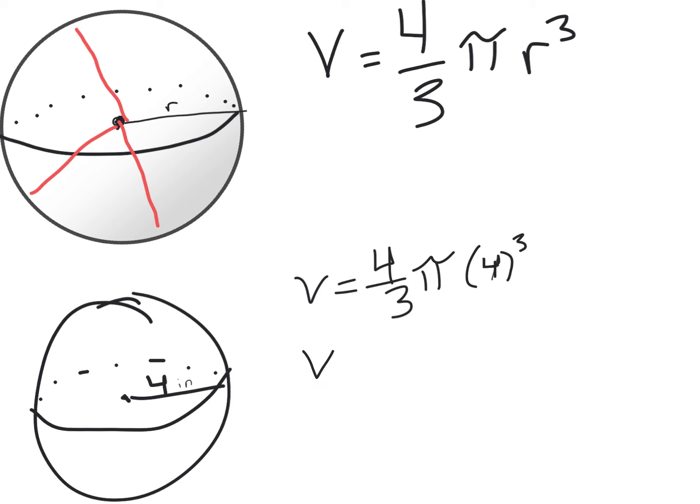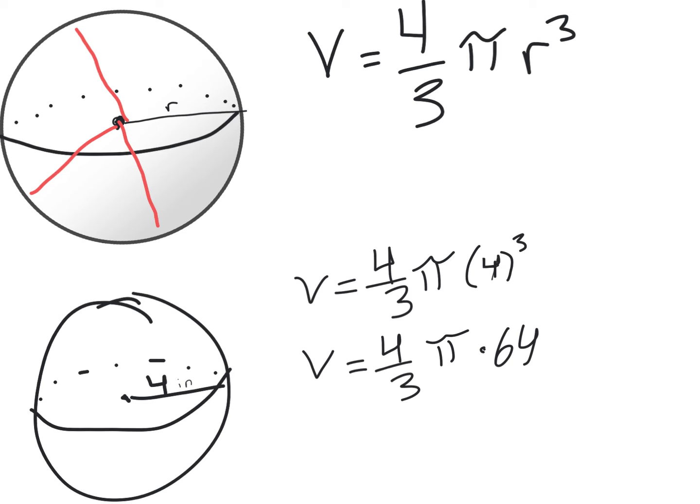So we have the volume is equal to 4/3 times pi times 64. And now we're just going to carry out this multiplication. So 4/3 is just like multiplying by 4 and dividing by 3.